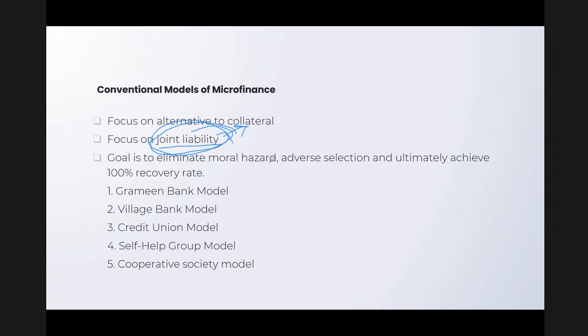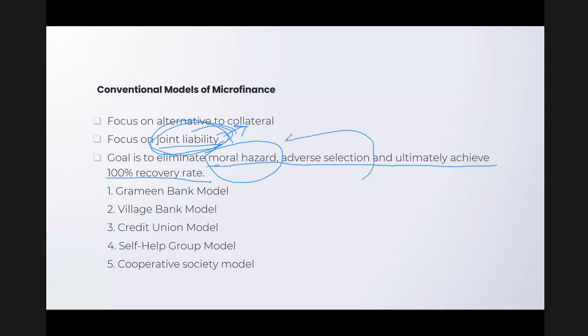The goal is to eliminate moral hazard and adverse selection, and ultimately achieve a 100% recovery rate. What is the aim of going for joint liability? The aim is to reduce or eliminate moral hazard and adverse selection. Moral hazard means to eliminate the dishonest borrowers.